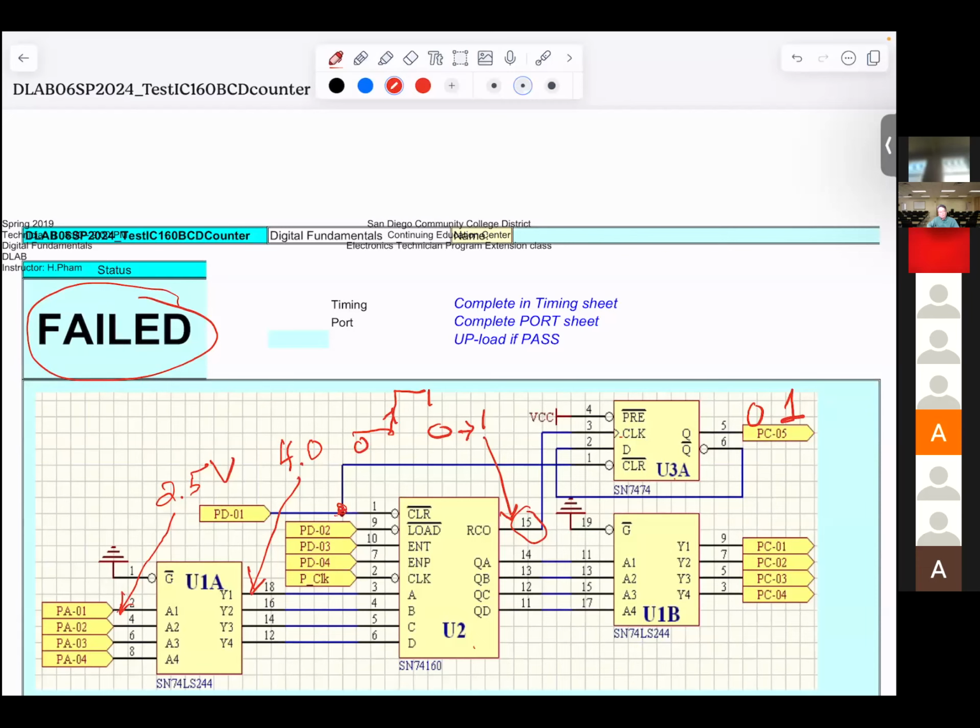However, when you're testing your circuitry, everything passes, and now I make something wrong. I'll give you an example. Okay, I say I short it to the route.